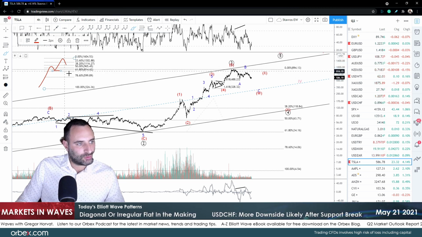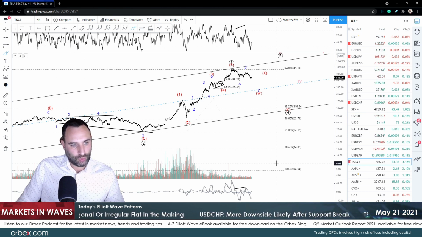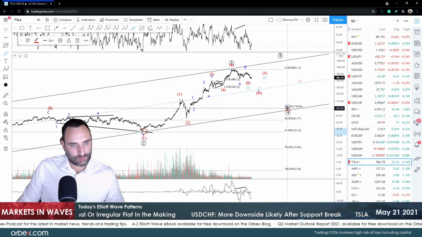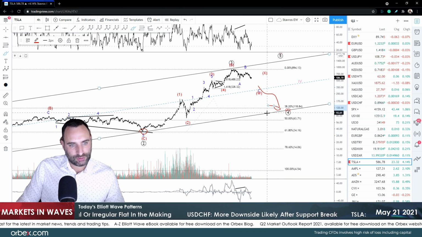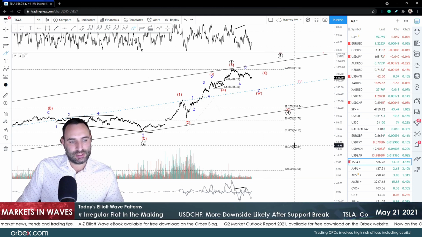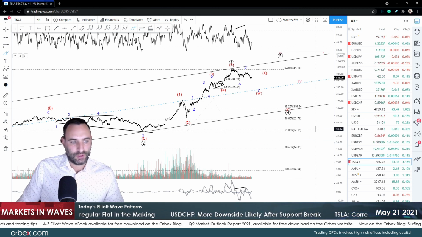Look where my wave 2 finishes and where my wave 4 finishes, at 61 and 38. My wave 2 finished exactly at 61.8. So I'm expecting wave 4 to take me down to the 38.2. That means the rule of alternation is well respected.